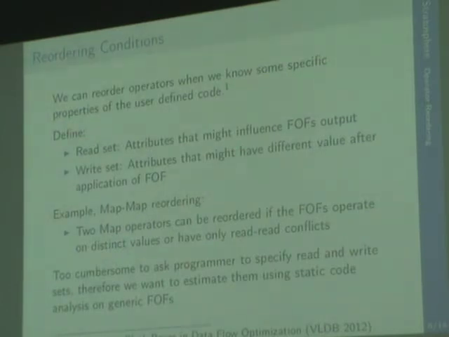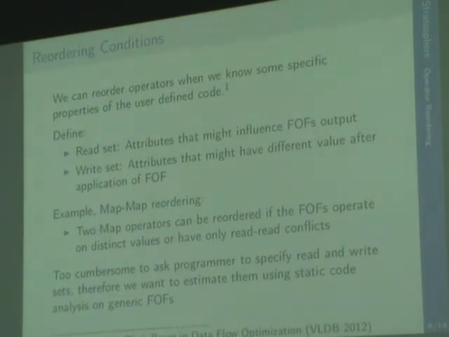We have several proofs for this for all kinds of operators in the system, but as an example, just look at map reordering. We can reorder two maps if they operate on distinct attributes of the tuple, so if they only read attributes, for example, that are not written in the other operator, and so on.